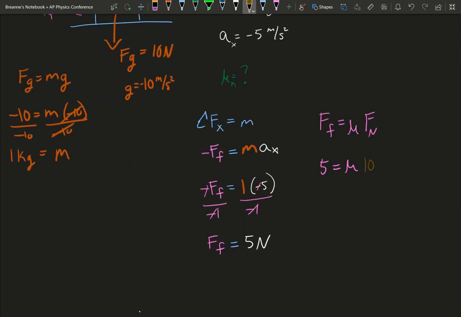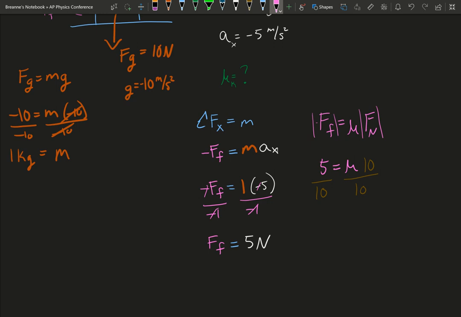It's positive because it's going up. We need mu by itself, so we're just going to divide. And I'm sorry, now remember, I do it naturally, but your force of friction and force of normal have those absolute value signs in there. So yes, technically it is a negative, but that absolute value takes that negative away.